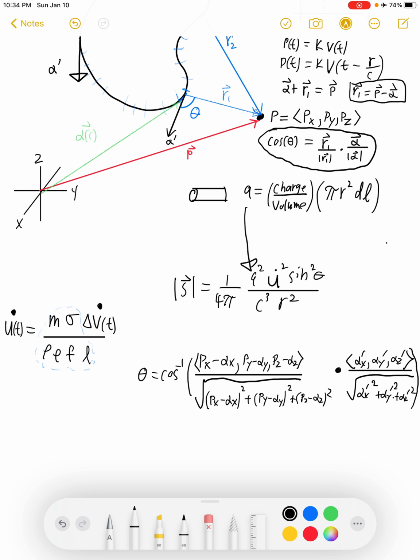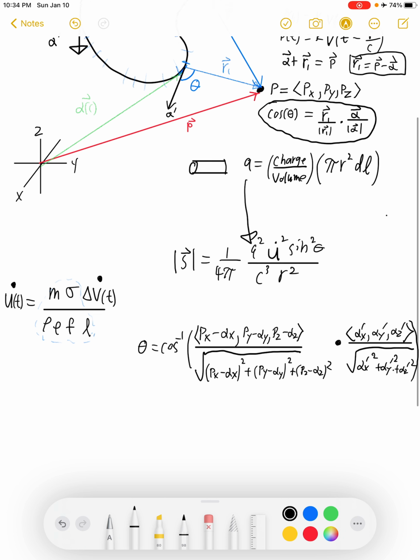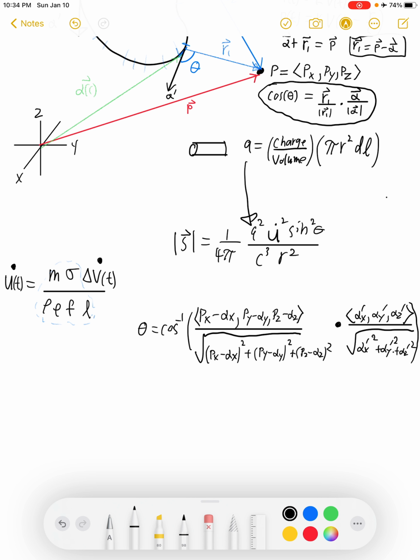Divide by its norm, which is just going to be given by this Pythagorean theorem. That's theta. Oh, what's this? This is r. This is the magnitude of r. I said r1, but it could be for any r. That's the magnitude of r, so we're concerned with the magnitude of r squared. It's easy to get that. You just take that and remove the radical. Now you also have r squared for the formula.